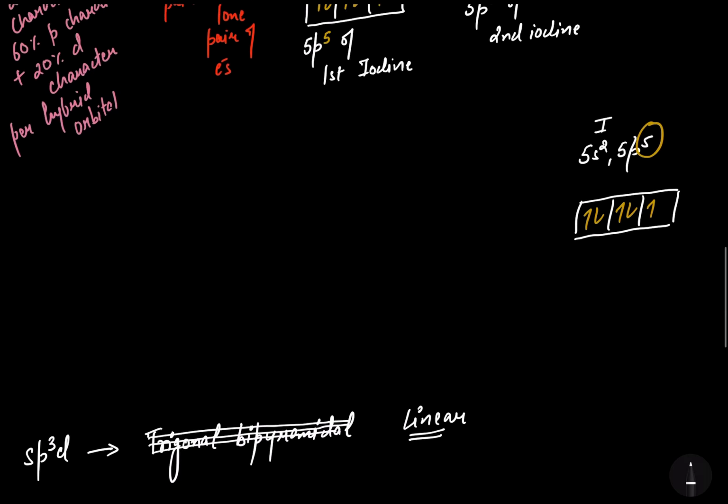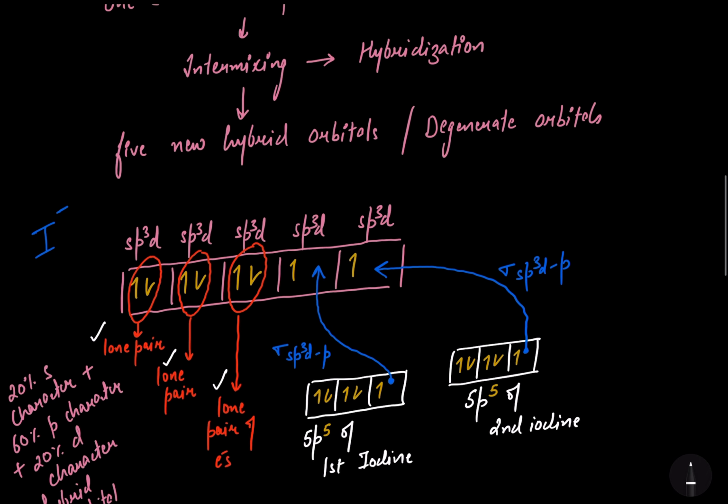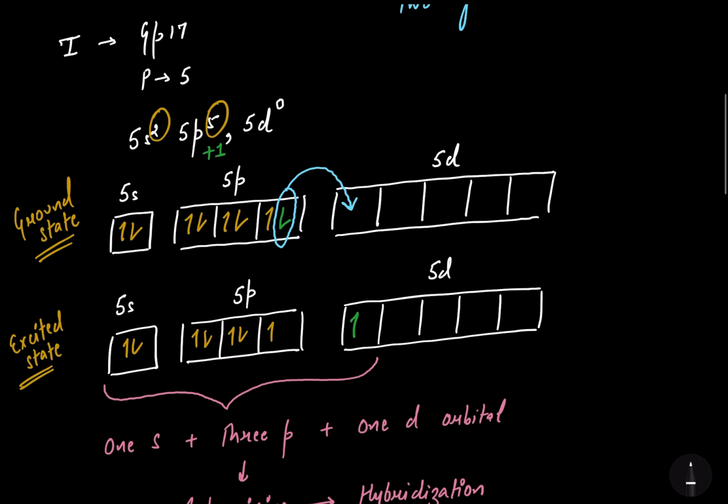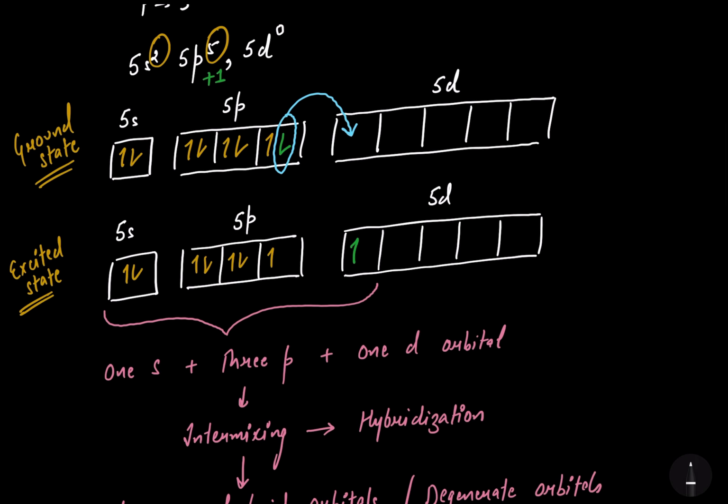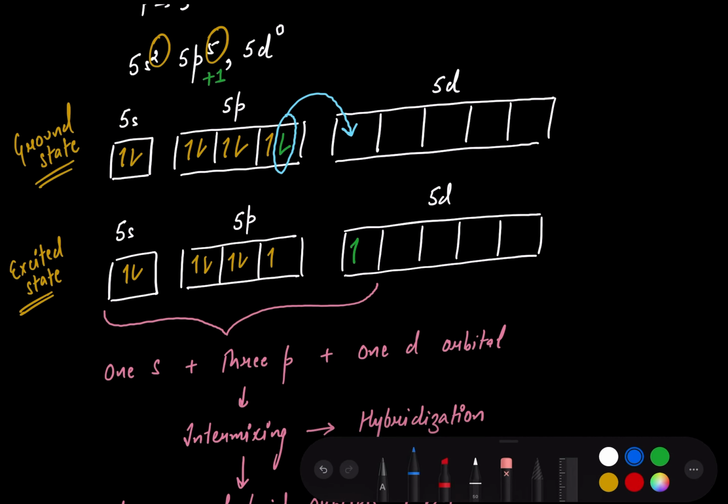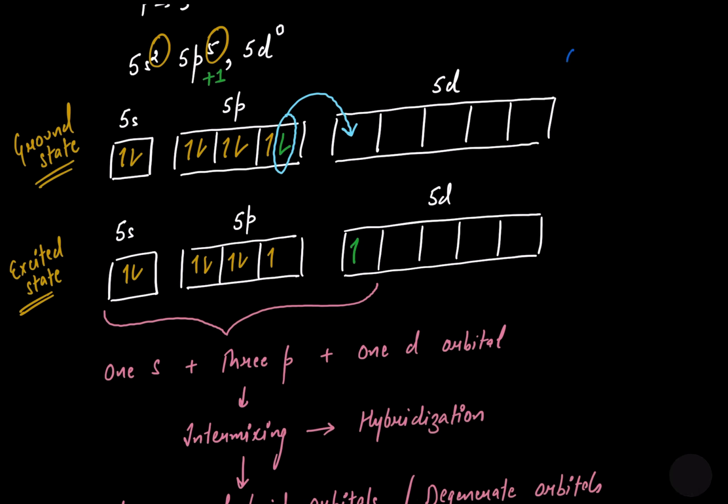So now let's come to the hybridization again. At last, let's discuss about the energy points. Here we are having 2 endothermic processes. That's the promotion of electron from 5p to the 5d. There will be the consumption of energy. I am writing here, consumption of promotional energy.